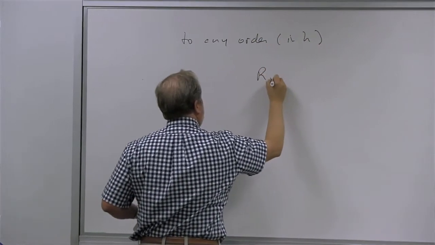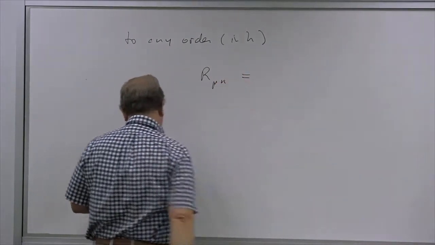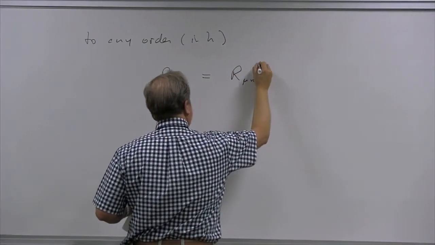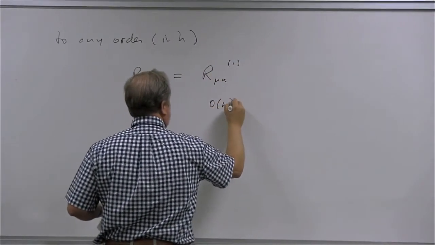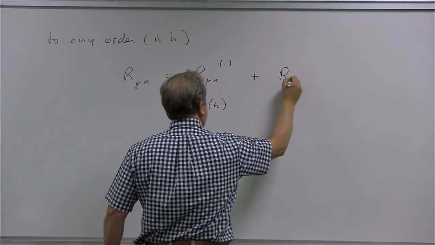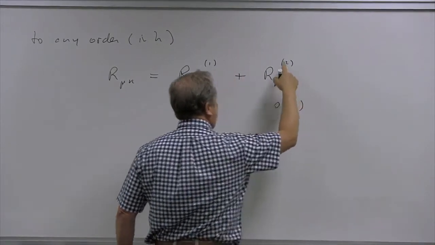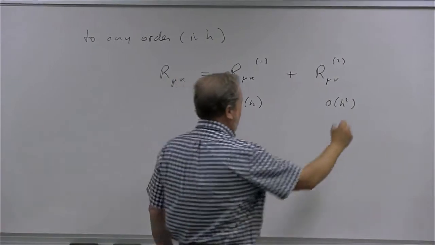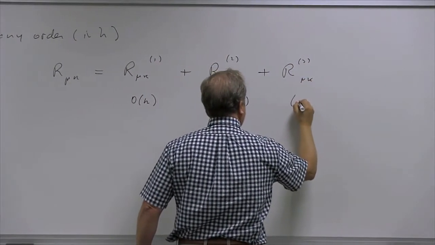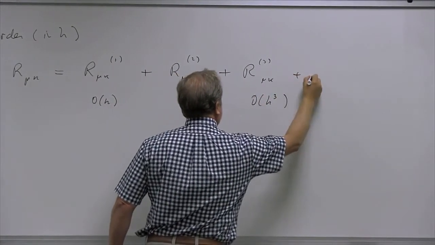We can write R mu k as R mu k 1, which is of order H, and we can write it as R mu k 2, which is of order H squared, and then plus R3 mu k of order H cubed, etc. Right?